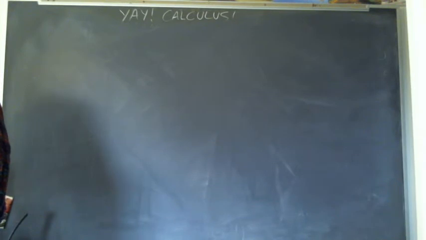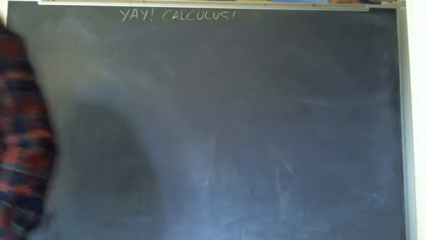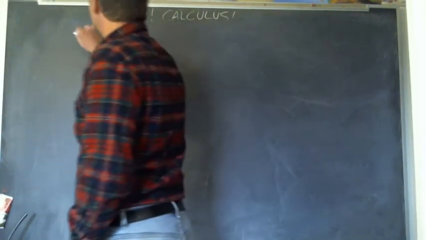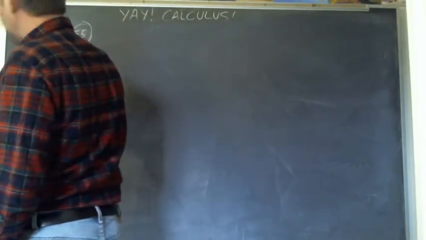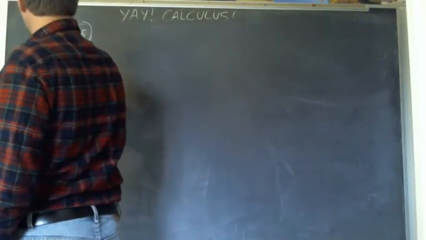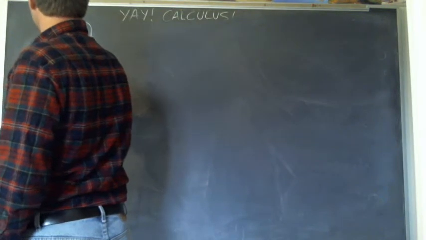Problems 55 through 58: determine where the function is differentiable, continuous but not differentiable, and neither continuous nor differentiable. So 55. Let's do a little reminder for ourselves. A is differentiable.